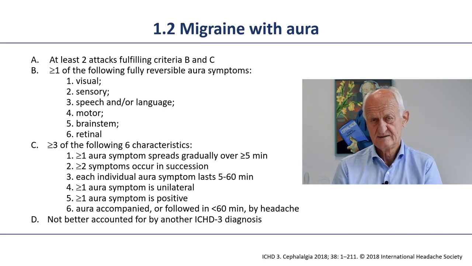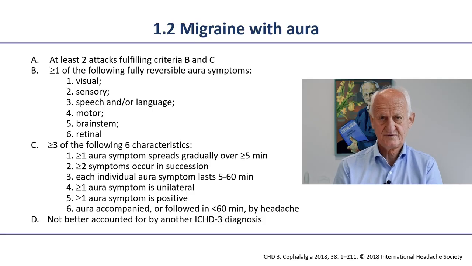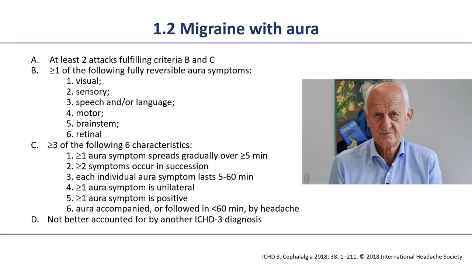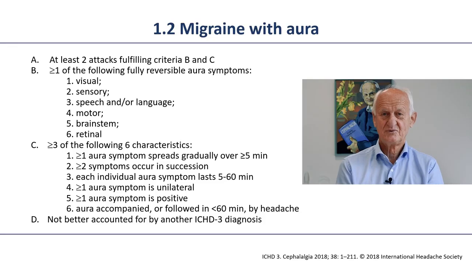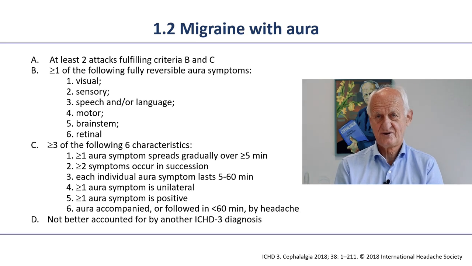And this is in fact one of the most important differential diagnoses in the emergency room for young doctors. People come in, and is it a migraine aura or is it a transient ischemic attack? Should we launch the whole investigational program for vascular disease, or should we not?